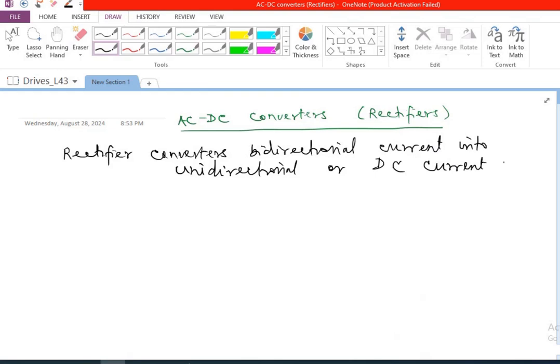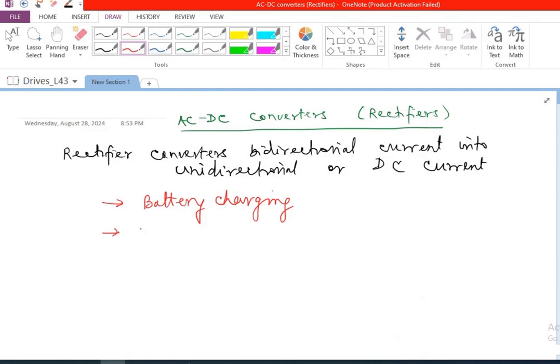Typical applications when we talk about AC-DC converters, the major thing is battery charging. Generally, whether it is a laptop charger, a mobile charger, or an EV battery charger, all of them require AC to DC conversion.